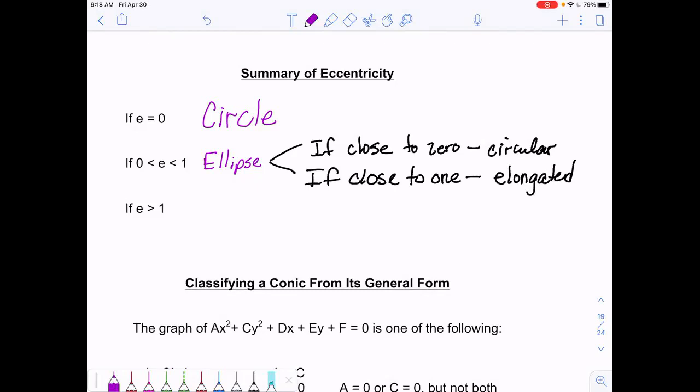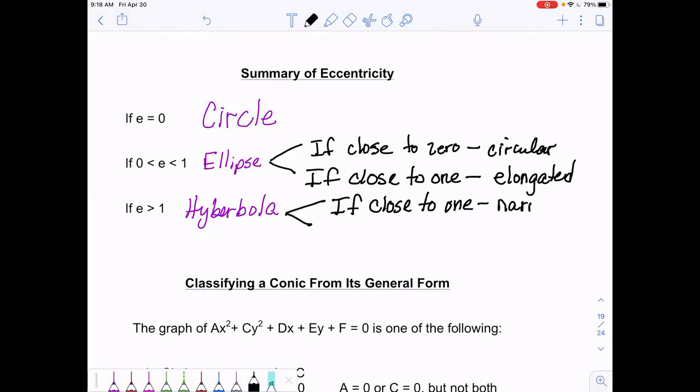If eccentricity is greater than 1, that's a hyperbola. If that value is close to 1, it's going to be a narrow graph.